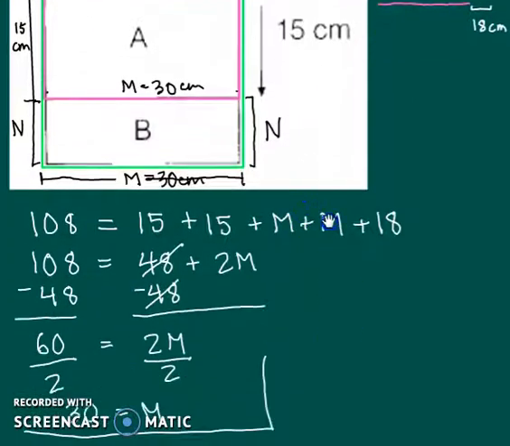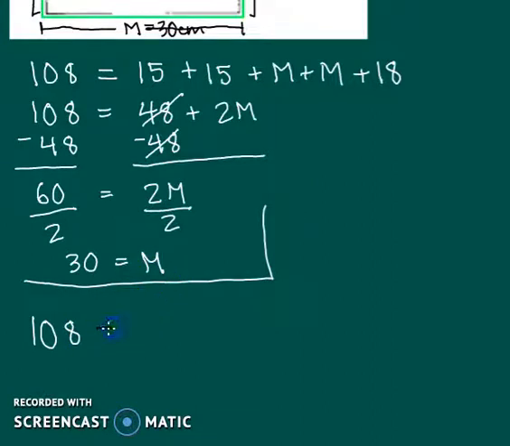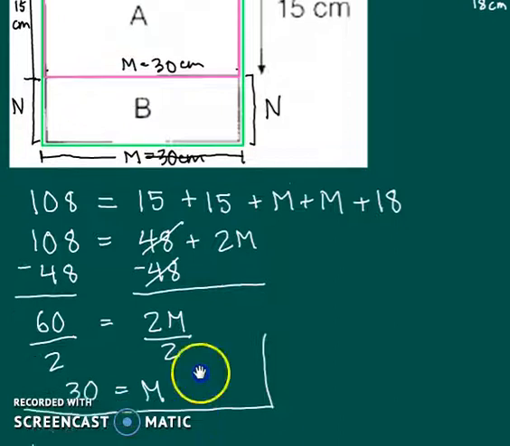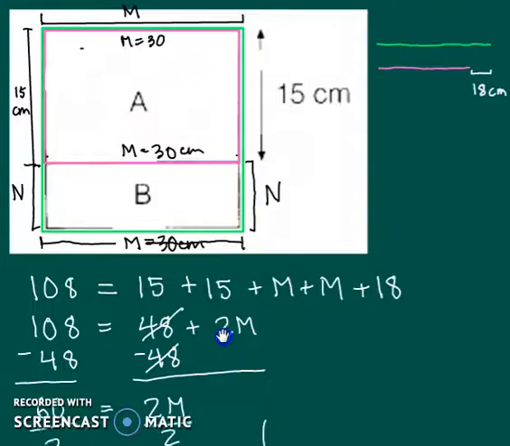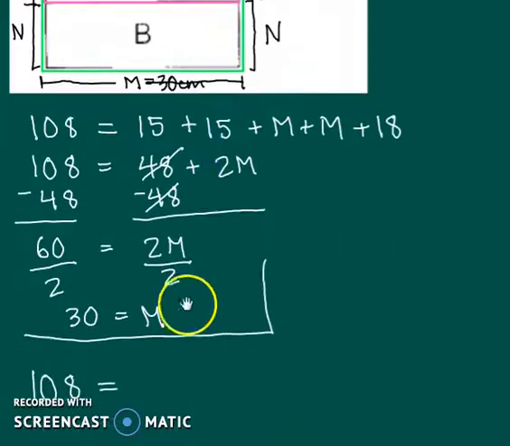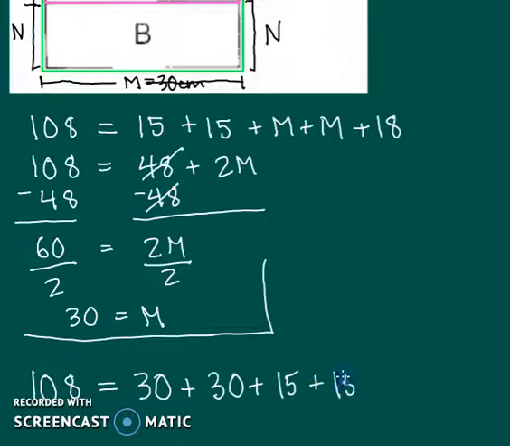So let's add all that together. Let's just remember, I started off with 30 centimeters. I have that on the top and the bottom as well. And then I had 15 centimeters on the right side and on the left side as well.